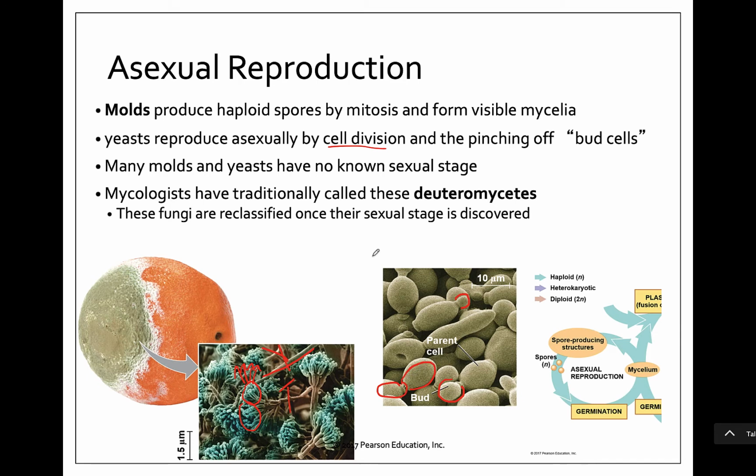So early mycologists, so mycologist, myco means fungus, ology is study of, and a mycologist is someone who studies fungus. Early mycologists typically classified fungus based on how they reproduced. So what you'll see in the classification section is that certain clades or groupings of fungus typically all reproduce in a similar way. And that's how we distinguish between them.